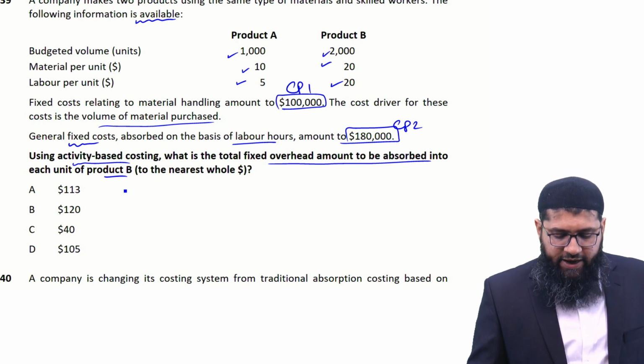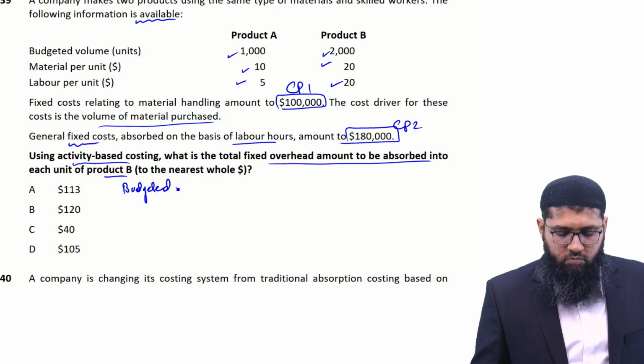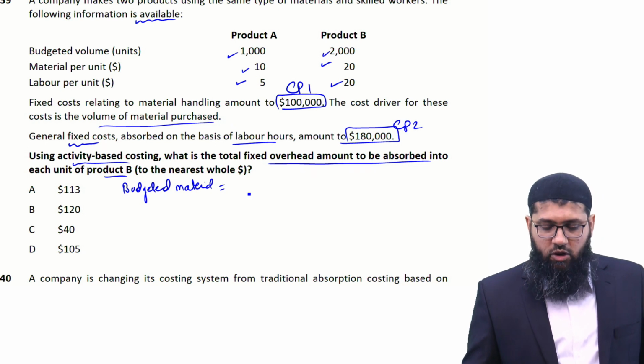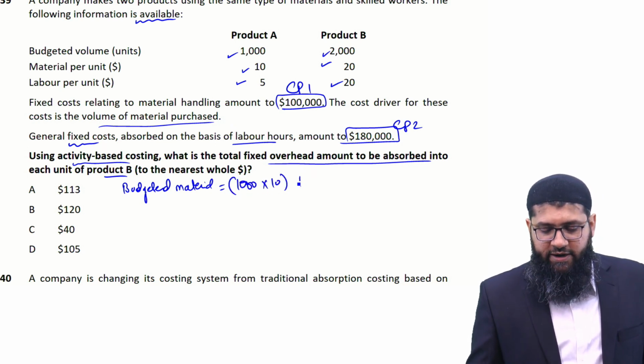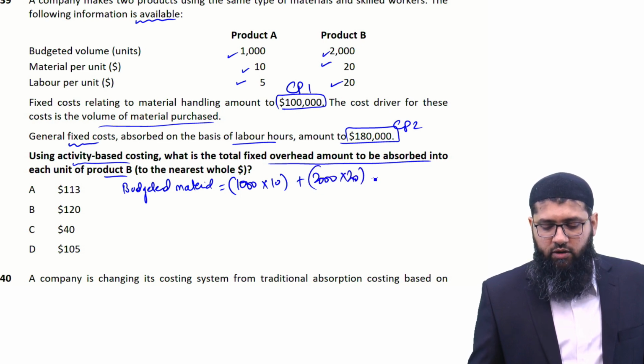We need to calculate budgeted material cost, which is gonna be 1000 units into $10 plus 2000 units into $20.